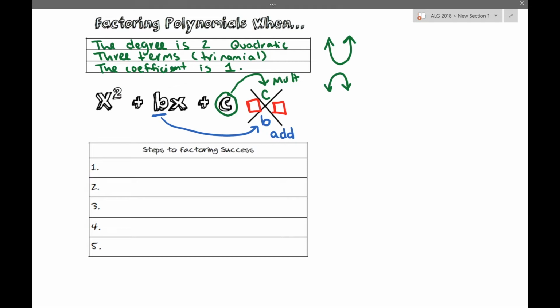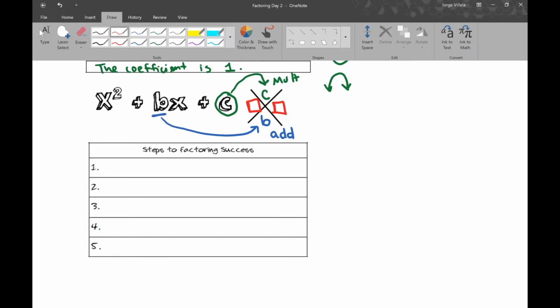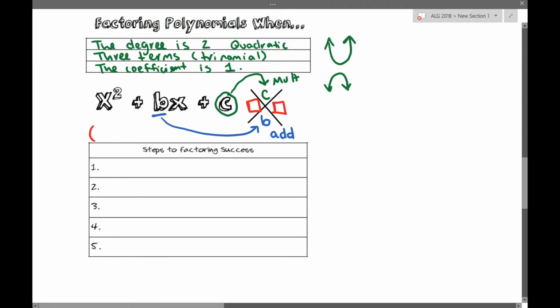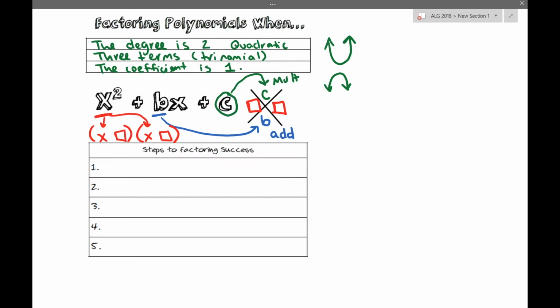Then you'll put those in parentheses. What goes inside the parentheses is whatever variable this is will go in this and this. So x and x. And those 2 numbers will go in the other part right there. This will make sense when I introduce numbers. I know it might not make sense right now, but that's okay.